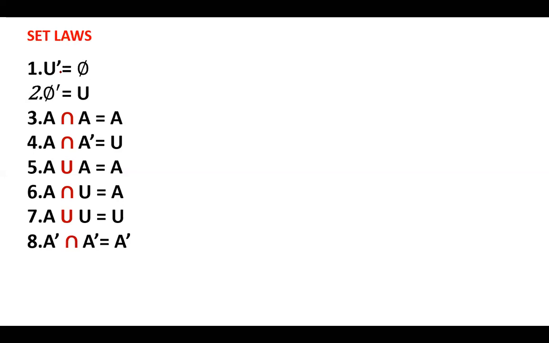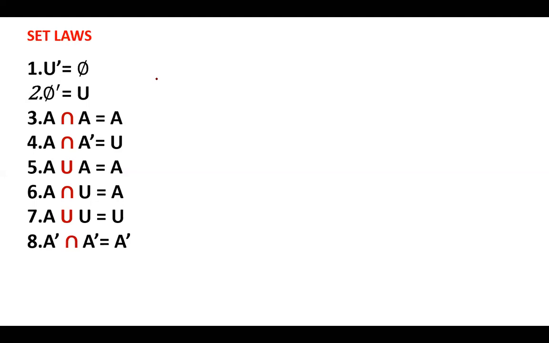Or rather, let me put it this way: you are on Earth, and we have a lot of people here on Earth. Then we say, find the complement of the Earth. We say nothing. There are no people. You can never find any person as long as you are not on Earth. We know that planet Earth is the only planet that supports life. So apart from Earth, you can't find life anywhere else.